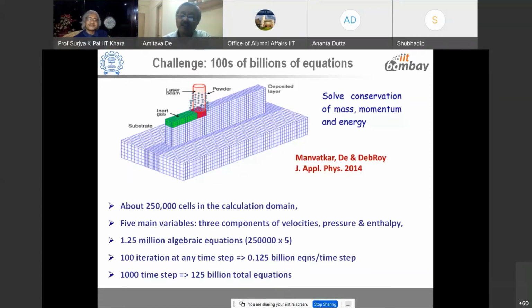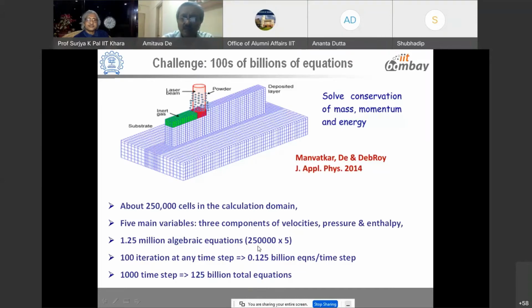If we really think of simulating a typical directed energy deposition process, we try to model thermal heat transfer as well as fluid flow in the molten pool. We want to calculate the velocities, pressure, and enthalpy in the molten pool. We are thinking of so many small cells, with 5 variables in each cell.